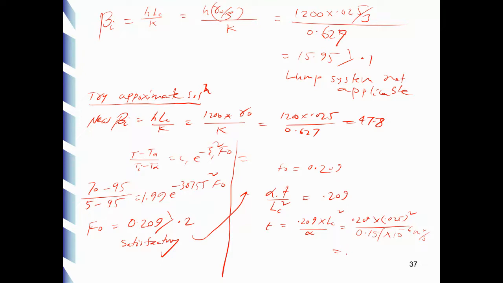So you will get 865 seconds. So this means 14.4 minutes. So after 14.4 minutes, the temperature at the center of the egg will be 70 degree.